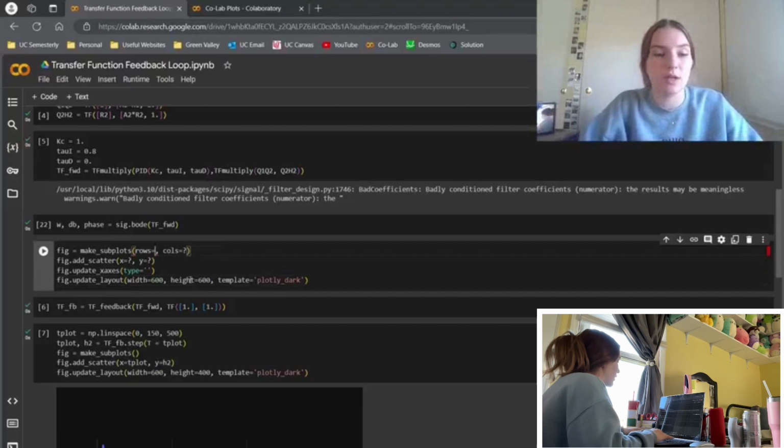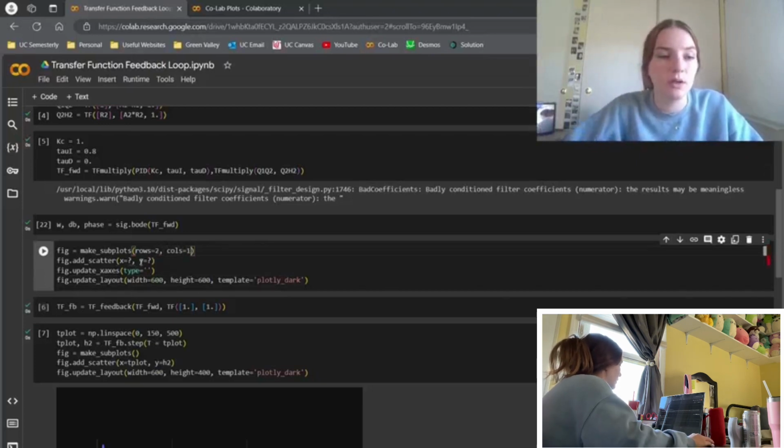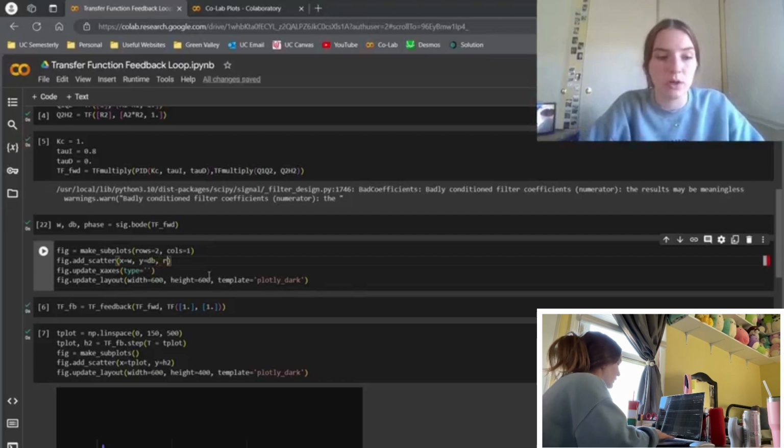So we are going to set our rows equal to 2 and our columns equal to 1. And like I said, our x will be omega in both of our graphs, and then we're going to set our y equal to our decibels. We are going to assign this to our first row and our first column, and then we are going to name this our decibel graph.